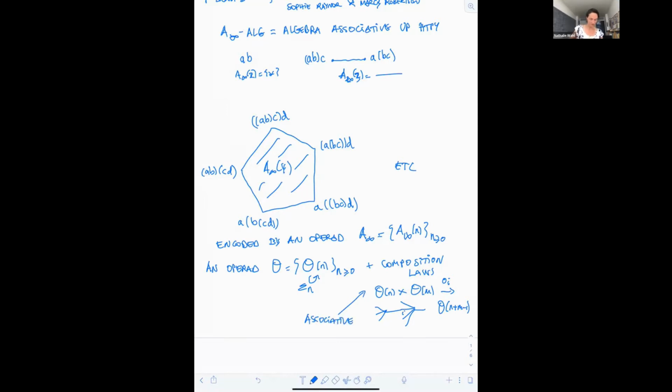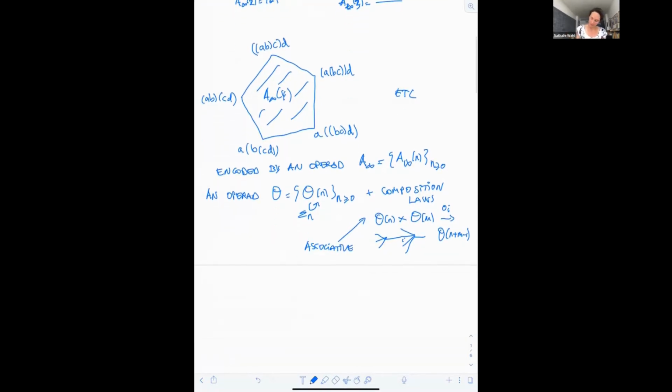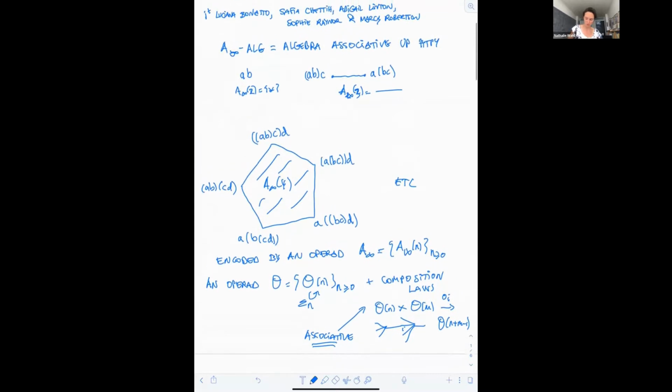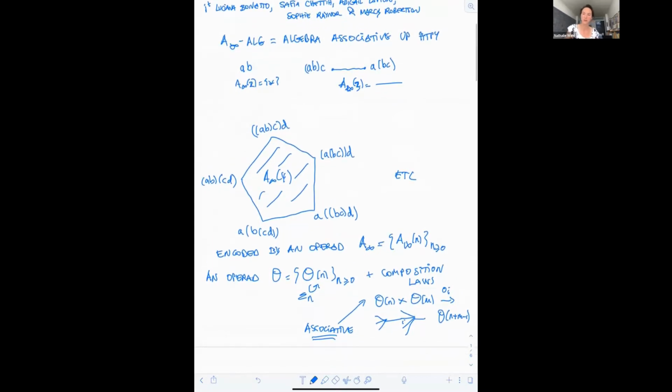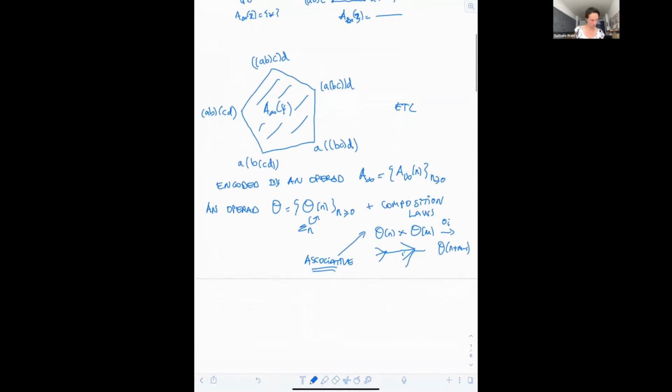And this is a condition that we could relax, right? Just as the multiplication in an algebra could be assumed to be only associative up to homotopy, we could ask for these composition laws to be only associative up to homotopy.